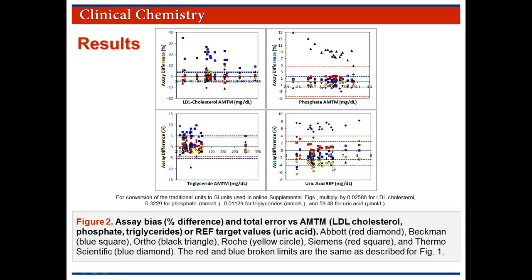And for uric acid, comparability was also very good, except for Thermo Scientific, which is the blue diamond. So you can see all these Thermo Scientific results out here compared to the group that's here.